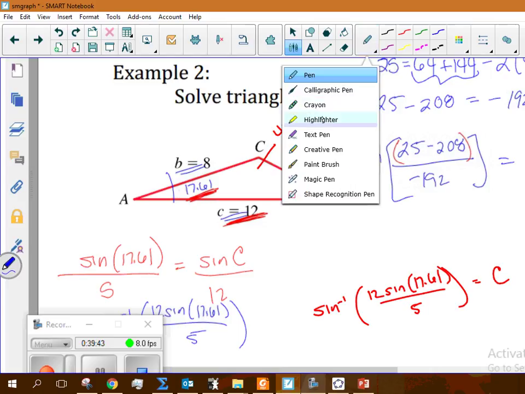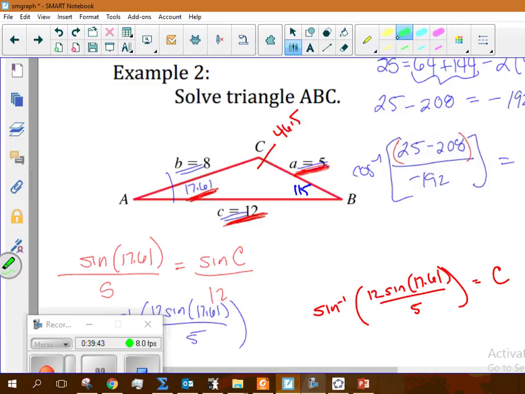Because this is indeed wrong. What we should know is that if this is the largest side of the triangle, then opposite it should be the largest angle. And right now that's not obviously happening. We're seeing that 115 is the largest angle. So we have some problems.